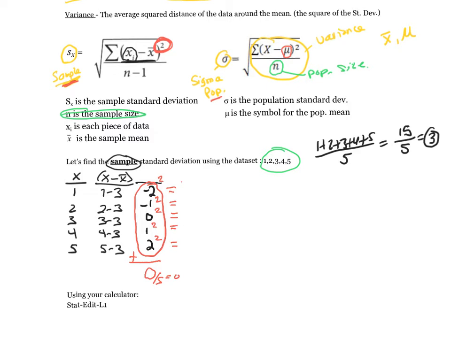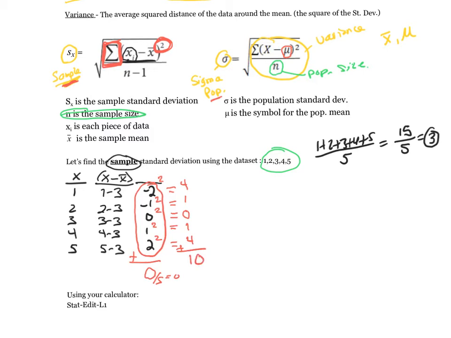So -2 squared is 4, -1 squared is 1, 0 squared is 0, 1 squared is 1, 2 squared is 4. Now I can add them up. And in the formula, that's what this means. If you look towards the top of the slide, that sigma symbol, that's the capital sigma, that's the summation symbol. That means add up whatever comes after it. So I'm going to add these up. 4 plus 1 plus 0 plus 1 plus 4 is 10.